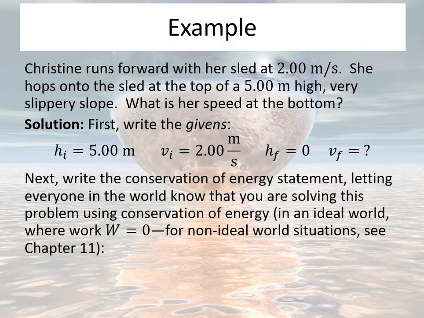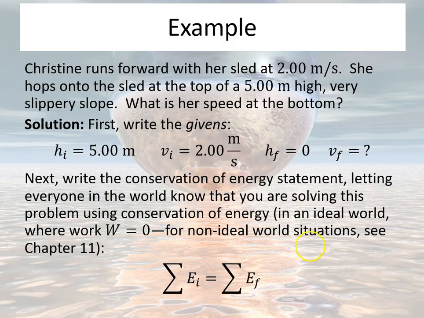And we're going to write our conservation of energy statement, showing us and everybody else who's looking at the problem that we are using conservation of energy. Now, you can either write it like this, or you can add a plus W after this expression, or maybe W plus this, just so that people don't think that you're talking about a sum of works or anything like that. Work is energy that is added to the system or taken away from the system in some way. In this case, the work is 0.